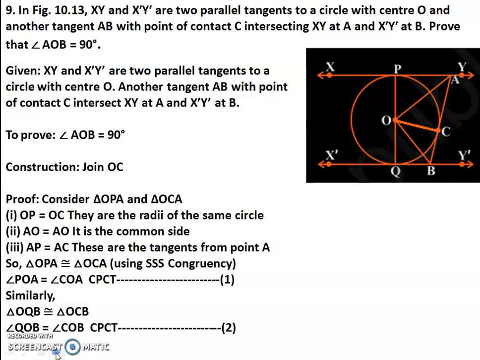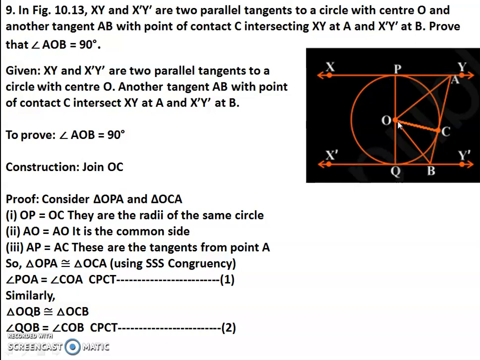Okay, the main concept used here is the SSS congruence criteria, proving two triangles are congruent. Now, what is given in your question? XY and X dash Y dash are two tangents.